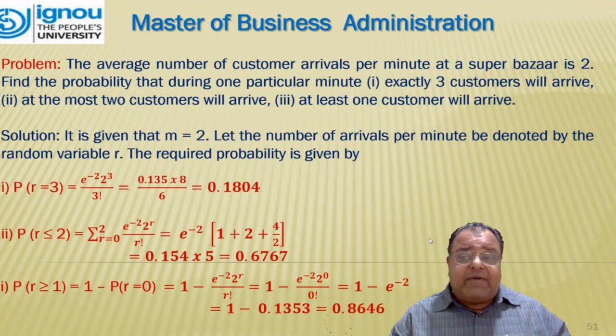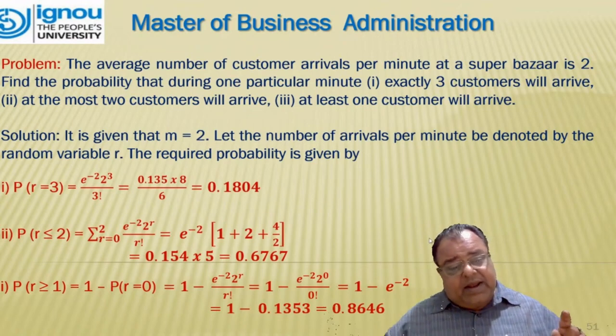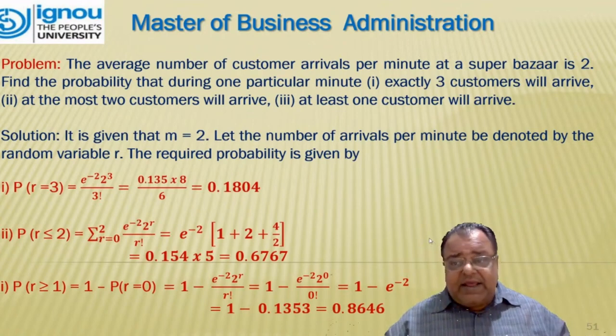So here we have m equal to 2. We apply P(r = 3), that is e raised to the power minus 2 into 2 raised to the power 3 upon 3 factorial, which comes out to be 0.1804.